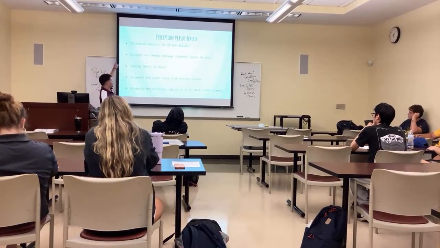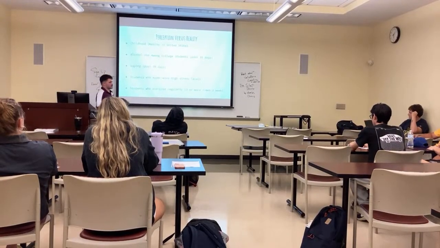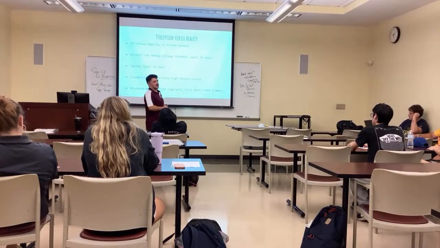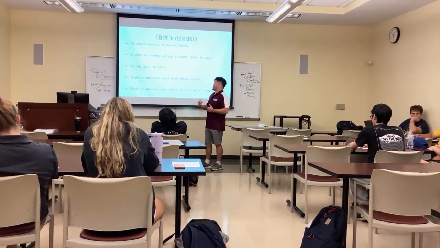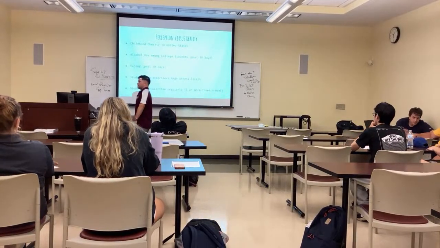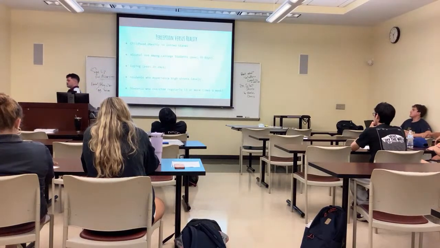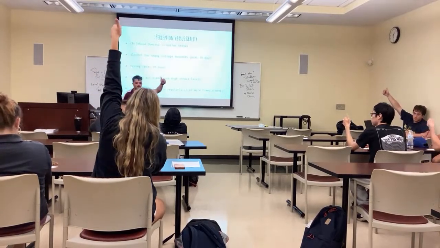So we're going to start out with childhood obesity in the United States. So if everyone could think, brainstorm their percentage, what percentage do you think of children in the United States are obese? So you write that down. And give me a big thumbs up when you got that down so I know that everyone's all good.